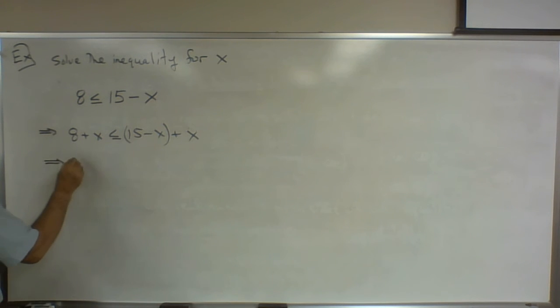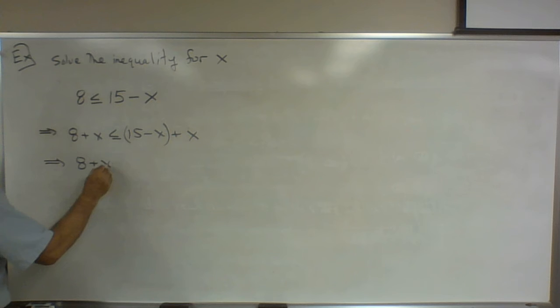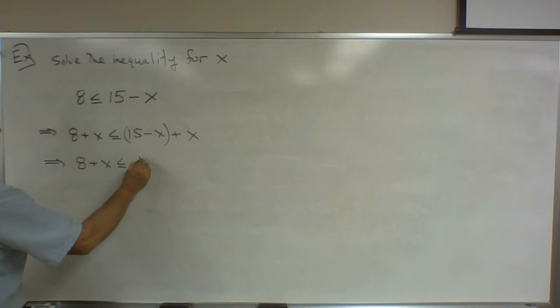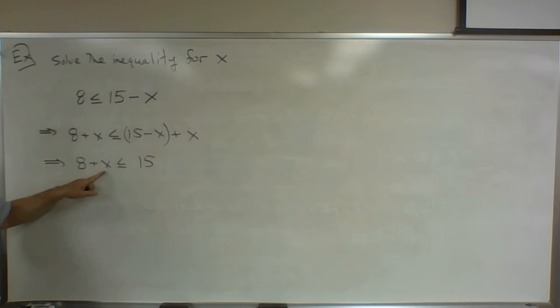And that leaves me with 8 plus x is less than or equal to 15. I still want x by itself, so I guess I should do what? Subtract 8 from both sides? Okay.